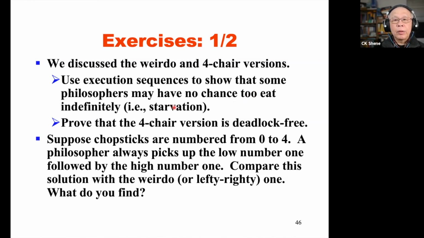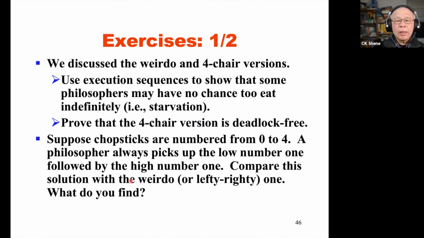A philosopher sits down, and he may never be able to get both chopsticks due to his left and right neighbors competing against him. So use execution sequences to show that the lefty-righty solution could cause starvation. Some philosophers may not have a chance to eat. Do the same for the 4-chair version. So this is your first exercise.